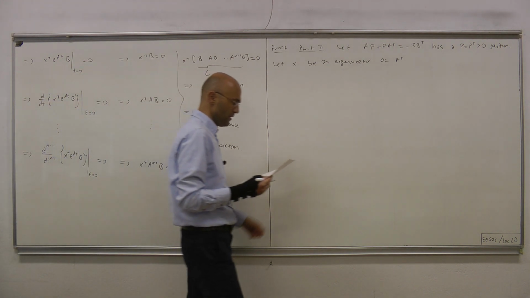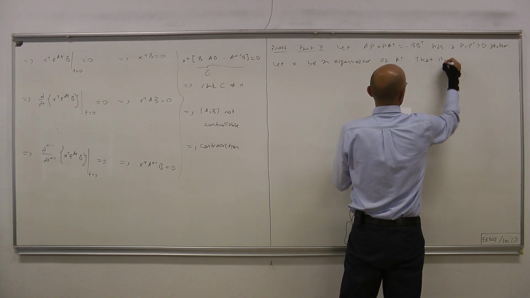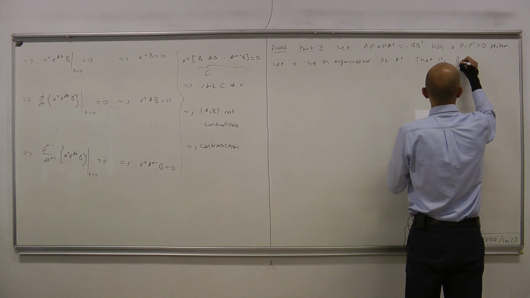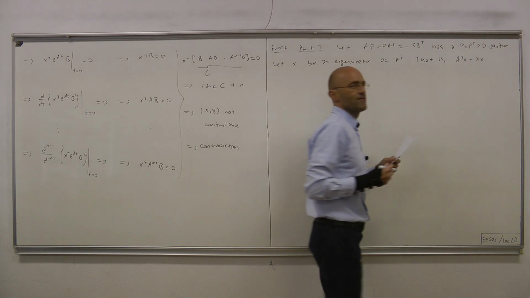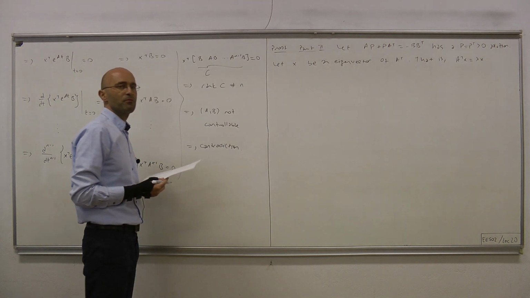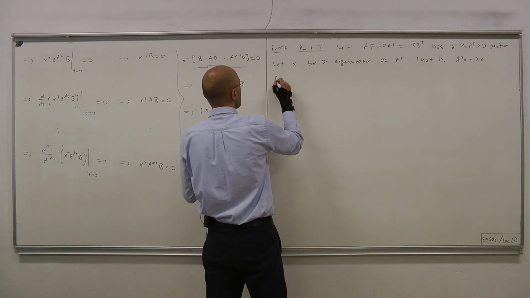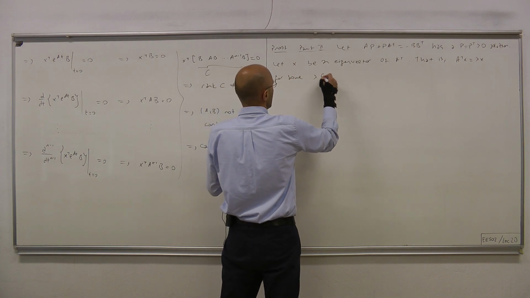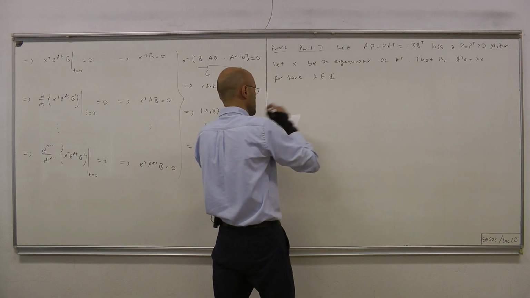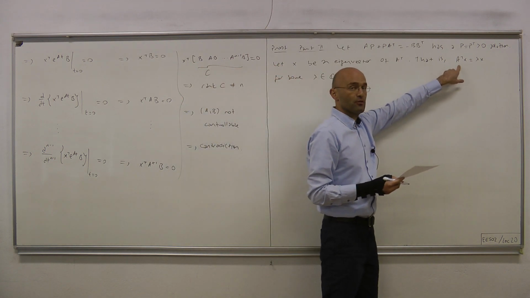So let's proceed. That is, A^T X = λX for some, possibly complex, scalar λ in C. Now, λ is the eigenvalue of A transpose.